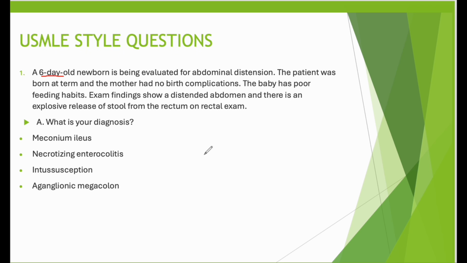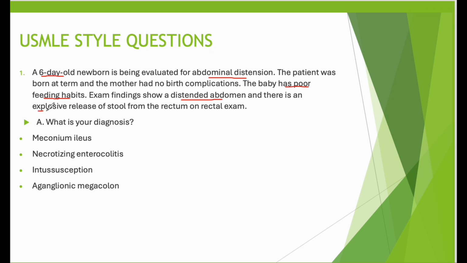So let's reread and mark out some findings that will help us diagnose the condition. So this is a 6-day-old newborn. Patient has abdominal distension, was born at term, no birth defects. Patient has poor feeding habits. So the exam finding is very important here. We have a distended abdomen.